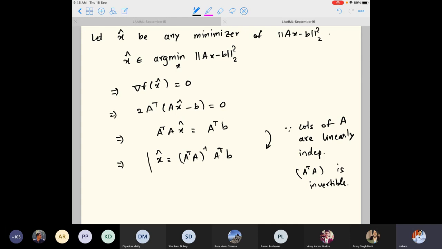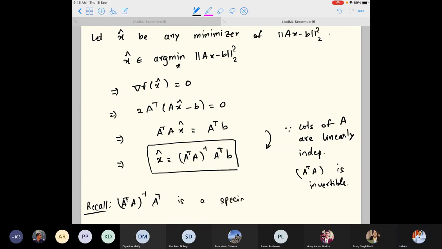That means I can compute x in this particular fashion. So the least square solution, the minimizer x hat that I have, is actually (A transpose A) inverse A transpose b. But remember, (A transpose A) inverse A transpose is a left inverse of A.